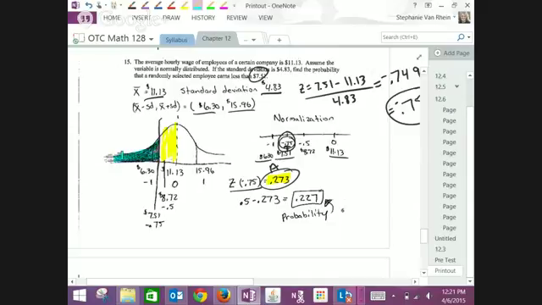I'm going to take 0.5 minus the yellow, which I did here, to get the blue. So find the probability that a randomly selected employee earns less than $7.51, and this is the probability, meaning 22% of the population earns less than $7.51, or 23%.